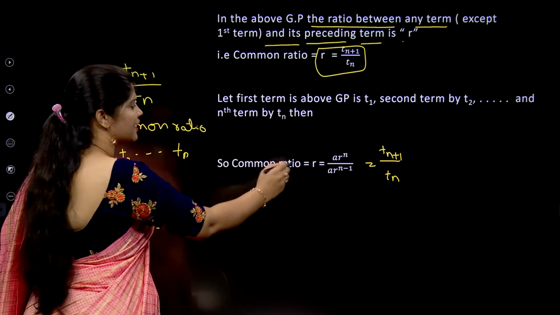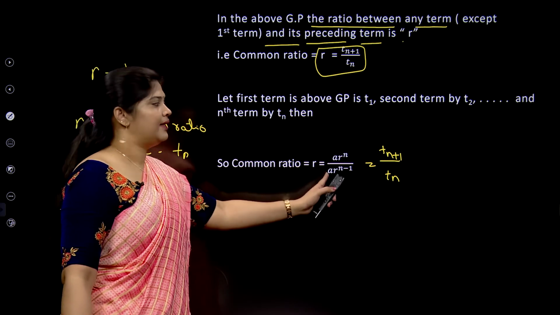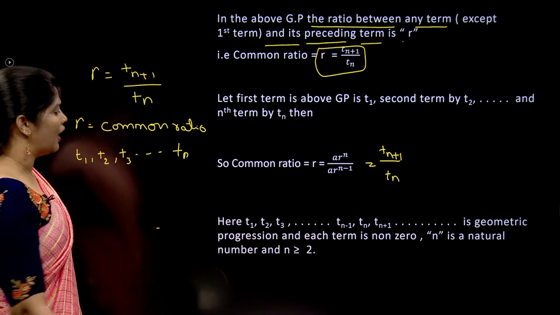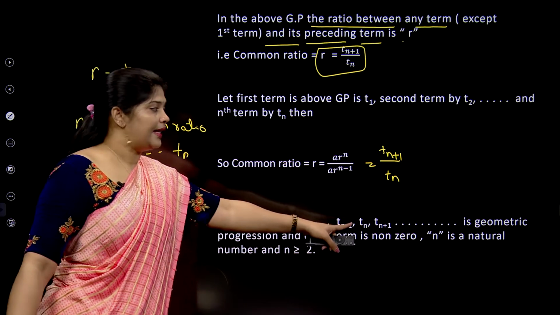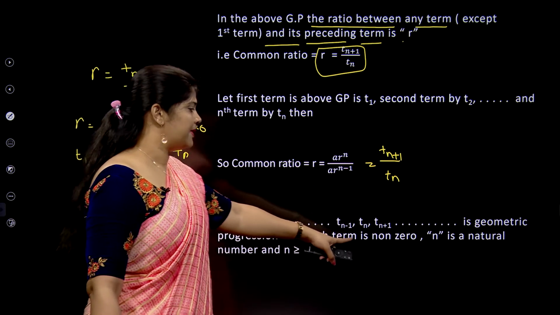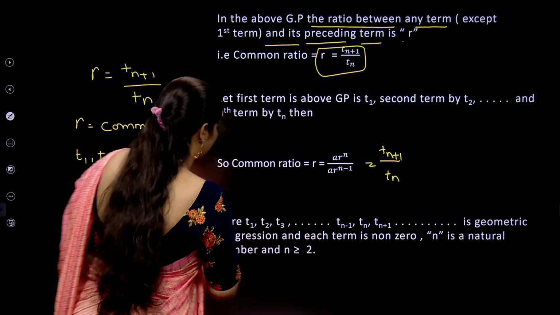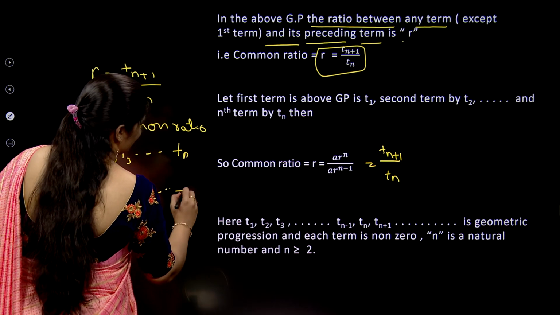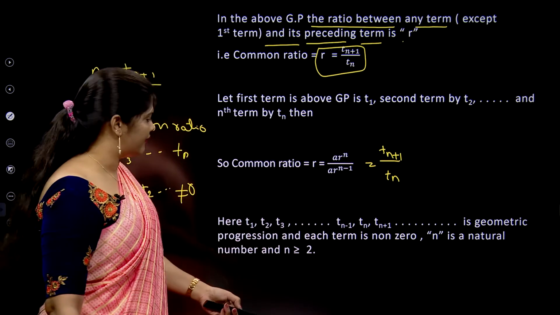It can be written as common ratio R equals AR power n by AR power n minus 1. So now T1, T2, T3, Tn minus 1, Tn plus 1 are in GP and each term is non-zero. Already we discussed that T1, T2, any term is not equal to 0. N is a natural number and n is greater than or equal to 2.